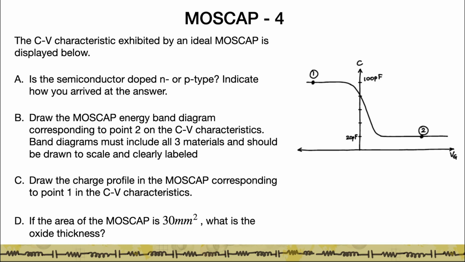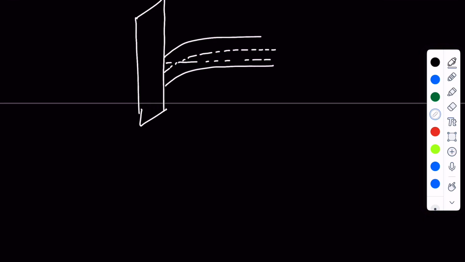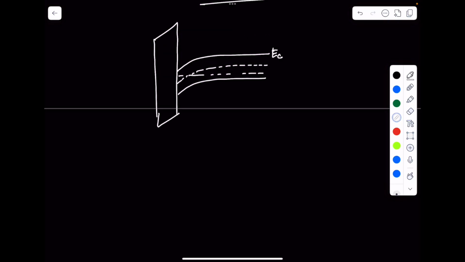The band diagram in inversion, you can refer to the videos, is going to look something like this, where you have the Fermi level and inversion happening. So your Ei deep inside the semiconductor is P type, at the surface it becomes N type, and your bands bend in such a way. That's your EC, that's your EV.